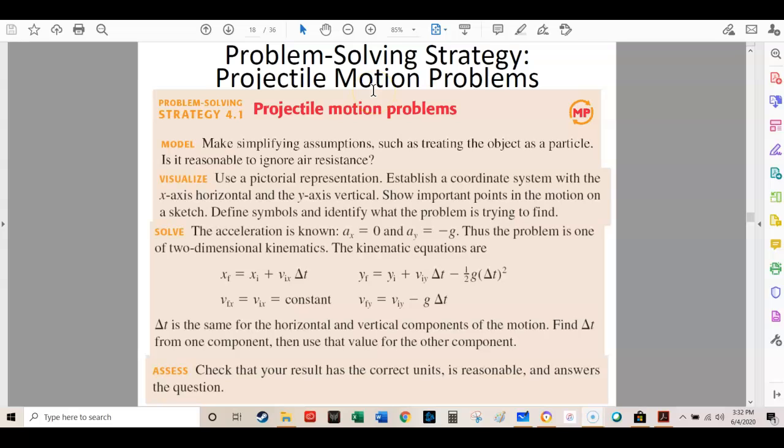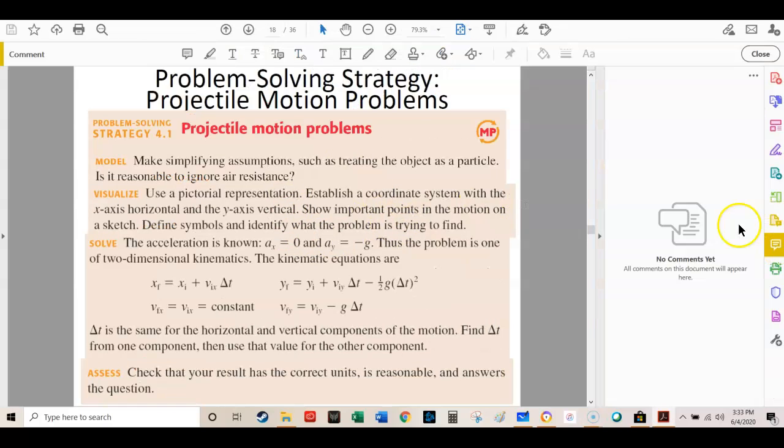So again, we're using the same problem-solving strategy that we used with the horizontal launch problems.